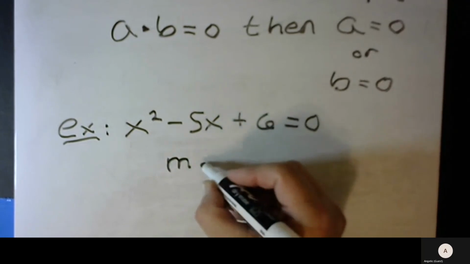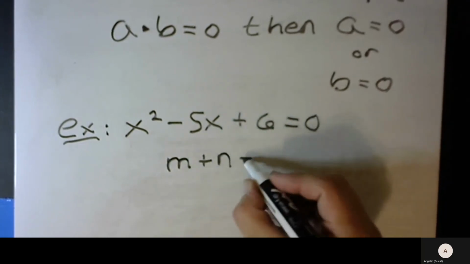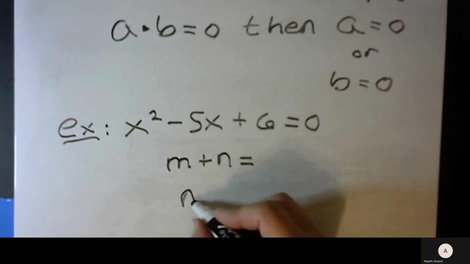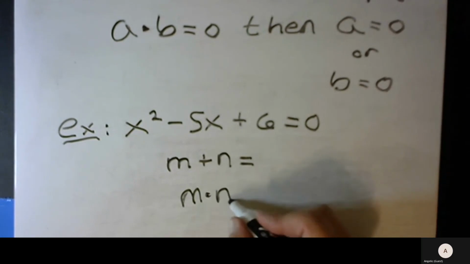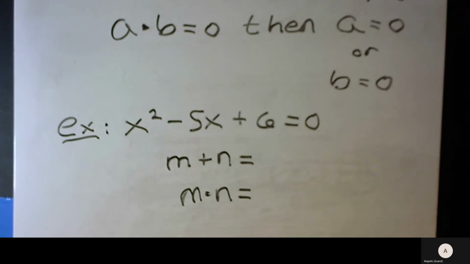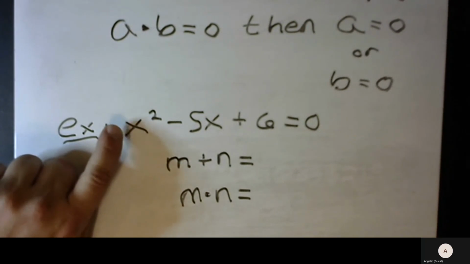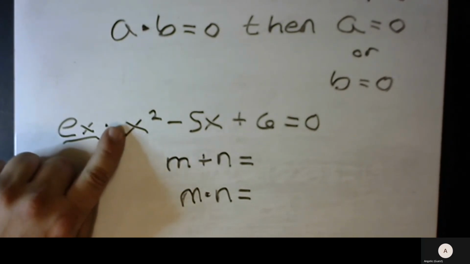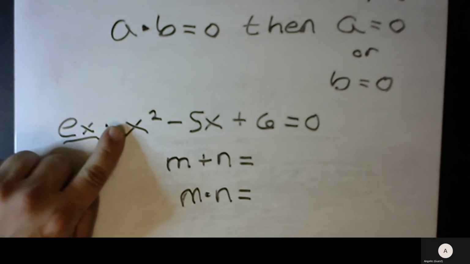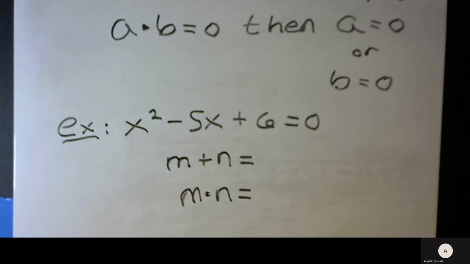Let's say M plus N. And then M times N. So this is the guess and check. And this is going to be the case when the lead coefficient, the number on the x squared or the r squared or the t squared, when this is an invisible 1. When you have an invisible 1 here, this technique works.